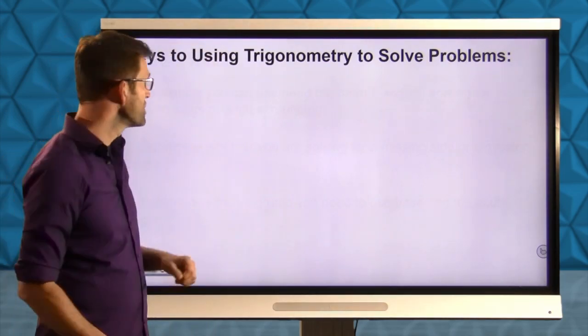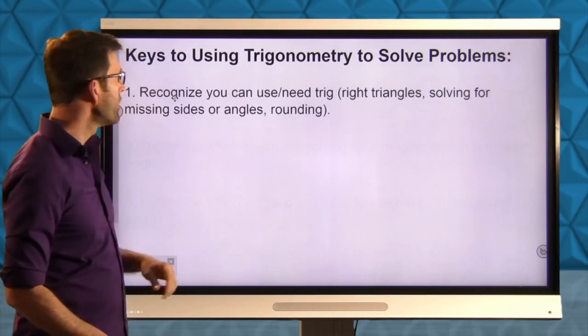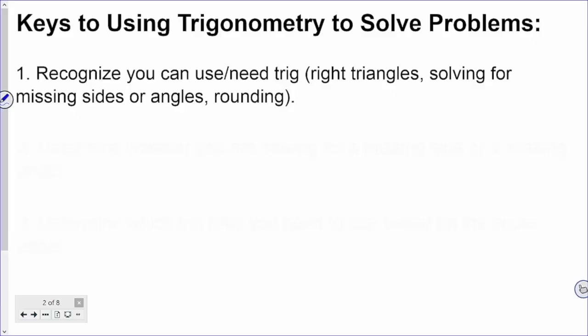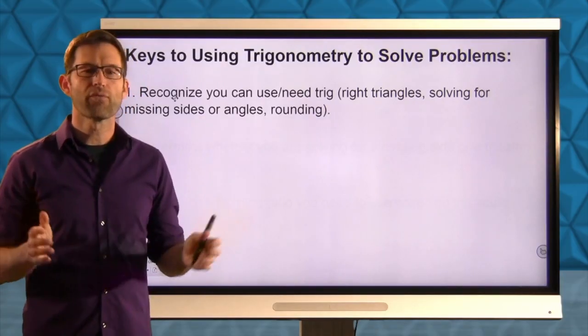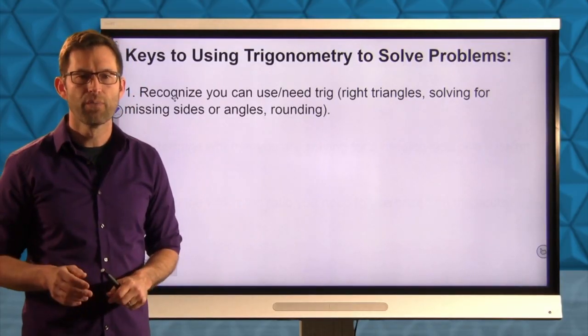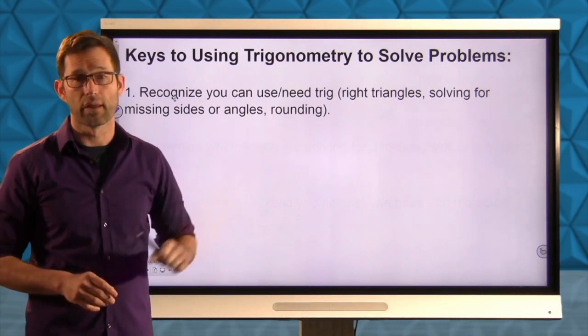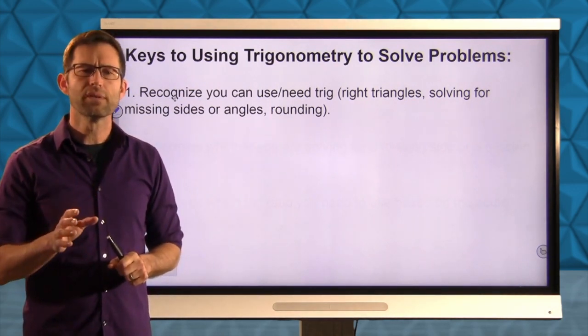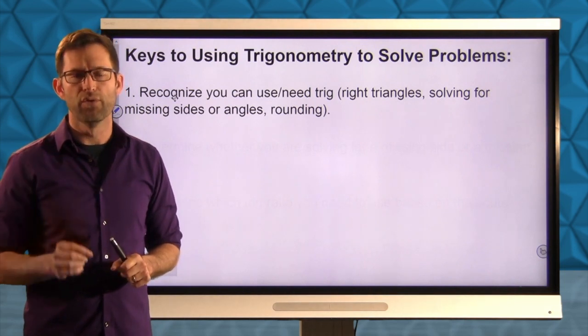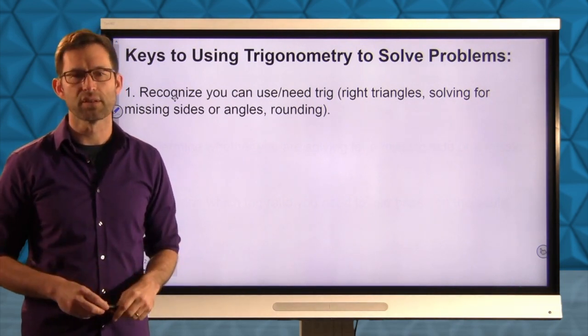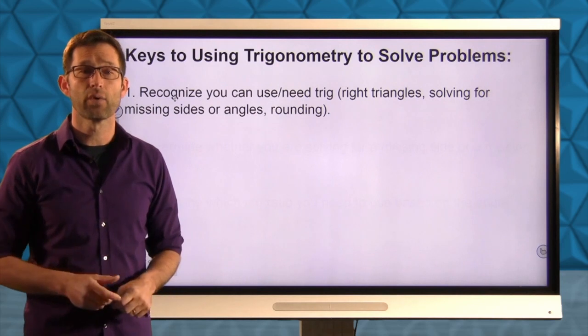All right, the keys to using trigonometry. Number one, recognize that you can use or you need to use trig. Some big red flags are right triangles, solving for missing sides or angles, and importantly, rounding. The reason that I bring this up is that there's another thing you've used before to help you solve for missing sides of right triangles, and that's the Pythagorean theorem.